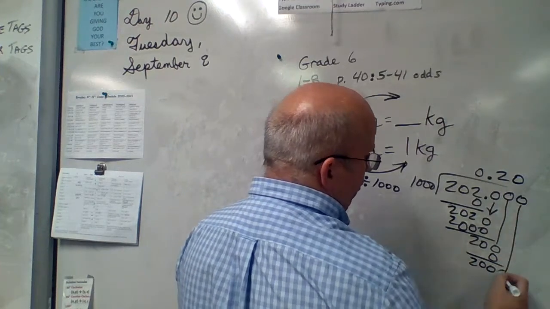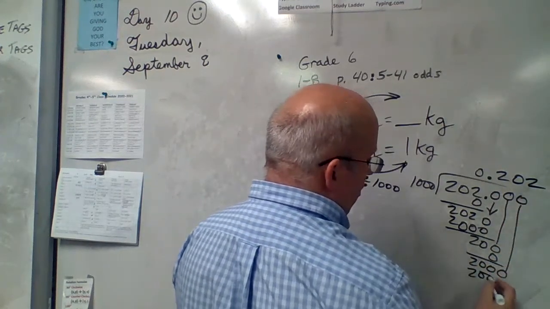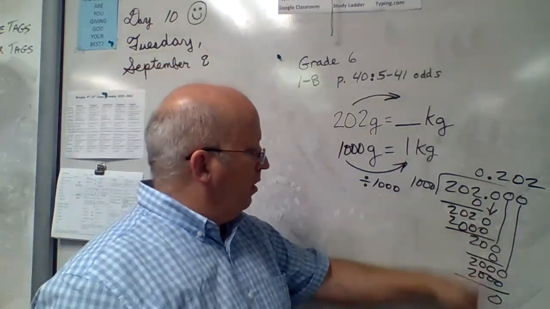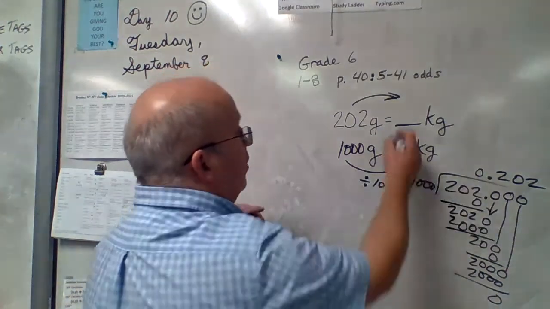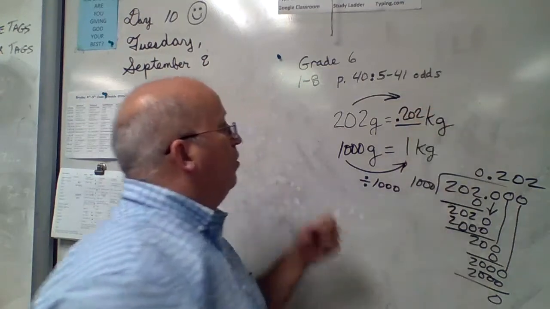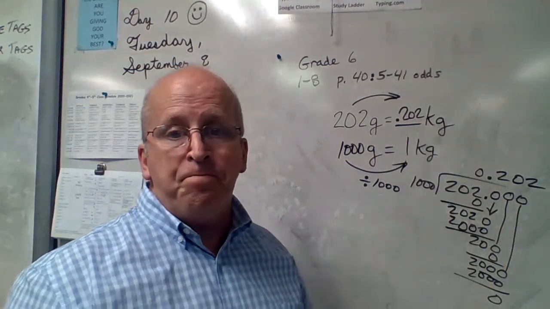Let's bring down another 0. How many times does 1,000 go into this? 2 times. And we're done. We finally got down to a remainder of 0. And there's our answer. Our answer is 0.202 kilograms in this particular case.